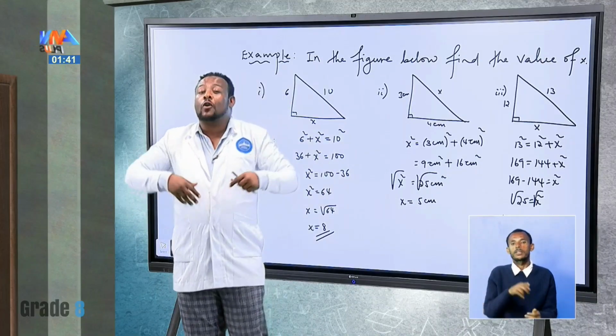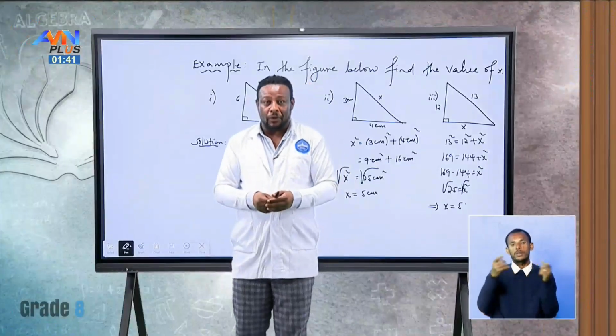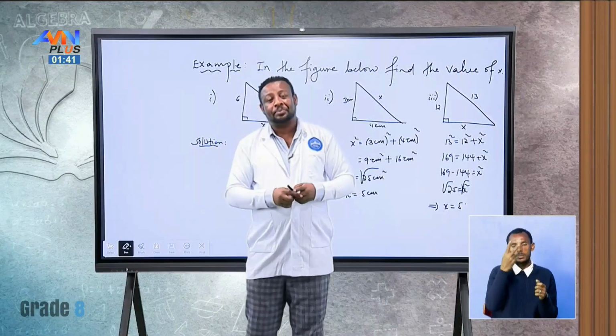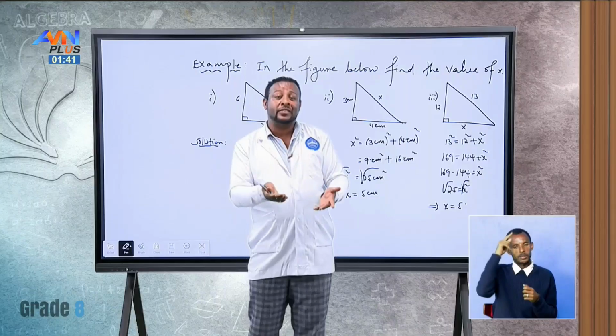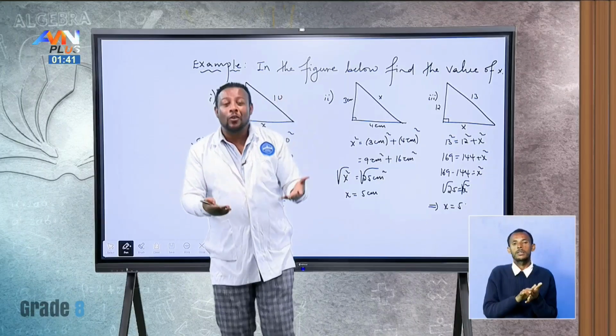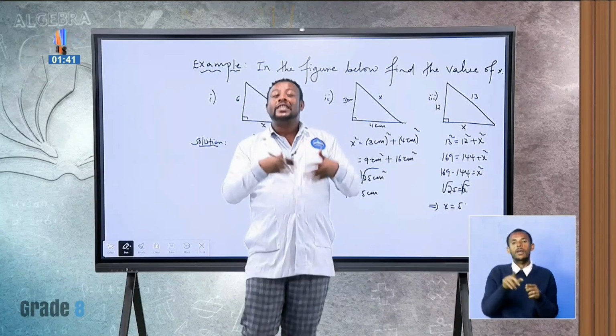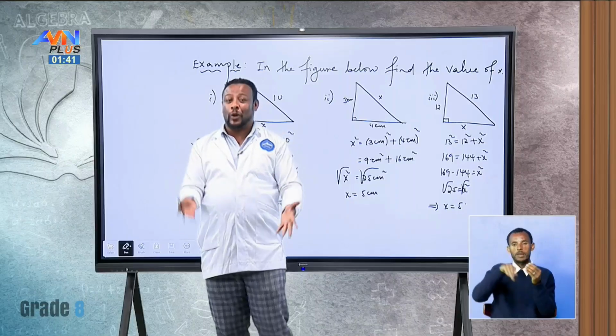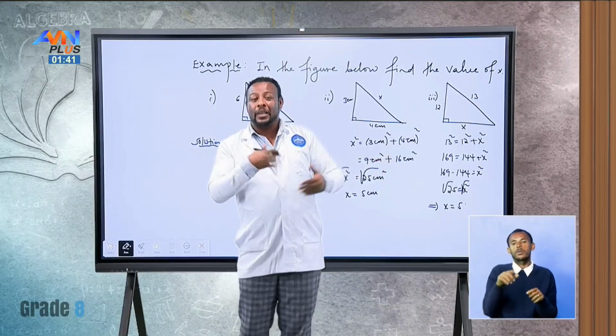There is also a converse of the Pythagoras theorem. Already we have seen that the Pythagoras theorem says the square of the length of the hypotenuse is equal to the sum of the squares of the two legs, and we have seen how it can be proved.